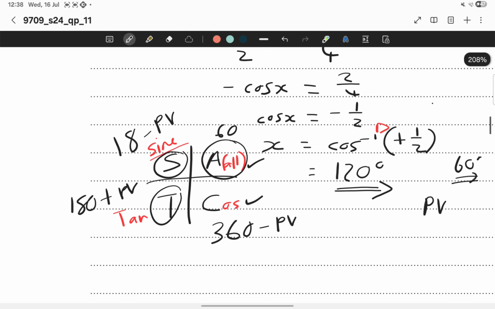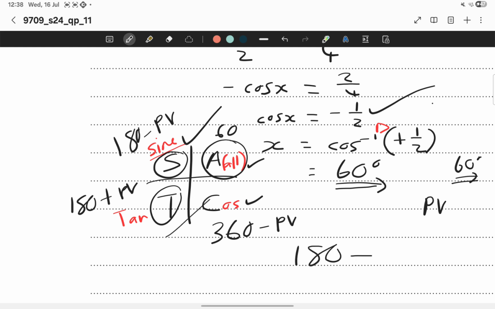So first things first, we forget the sign, so we take it to be positive. Then we get a principal value, which is 60 degrees. Then we go back here, we say our cos was negative, so we're considering the second quadrant and the third. So we're going to say 180 minus the principal value, which is 60, to get 120 degrees.